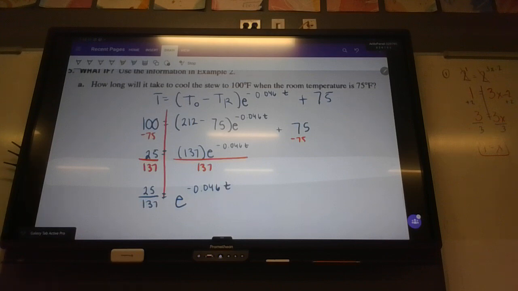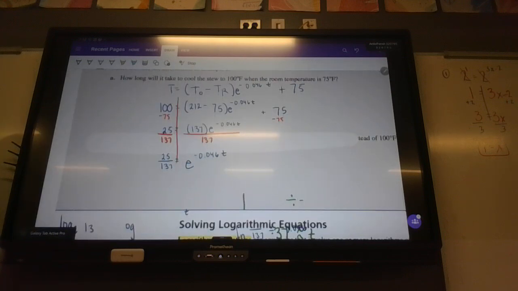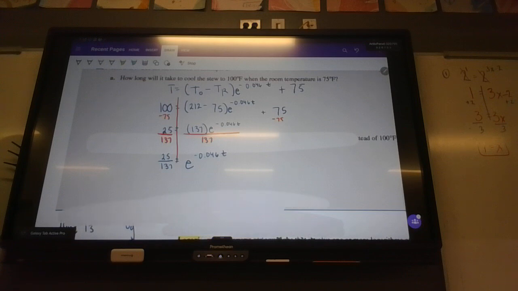Can't make the same base, so I'm going to do log base e on both sides. And log base e is the same as natural log, so you can pick how you want to write it. Do you want to write log e on both sides or natural log on both sides? ln.